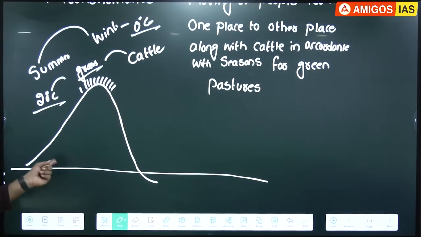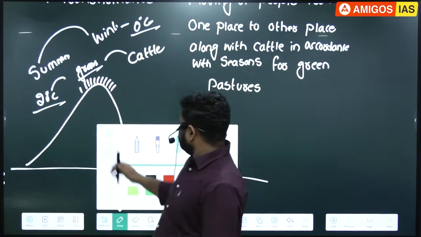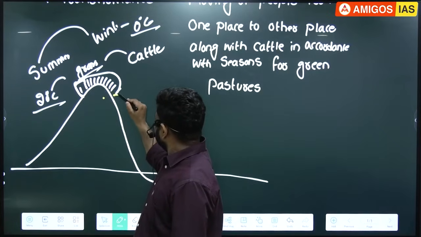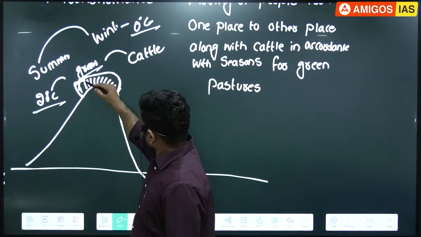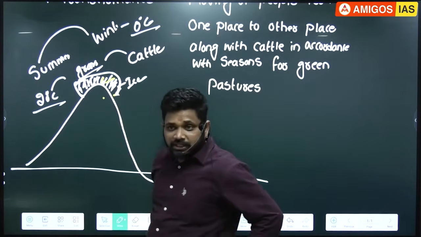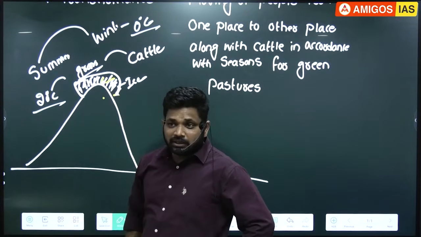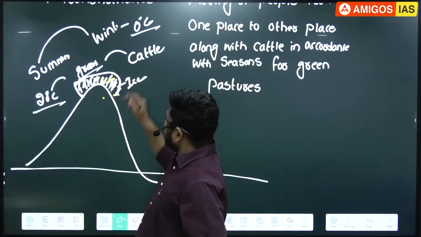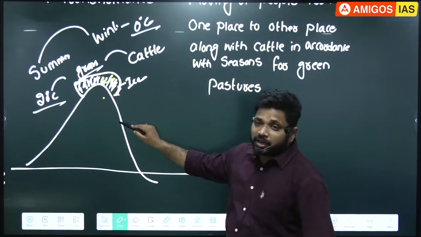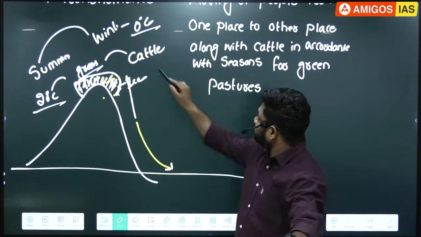Whenever the temperature dips to 0 degrees Celsius, this area is completely covered with ice. Whenever it is covered with ice, the grass is not visible. Whenever the grass is visible, the cattle are going to eat. That's why the people used to come from the top of the mountain to the foothill of the mountain along with the cattle.